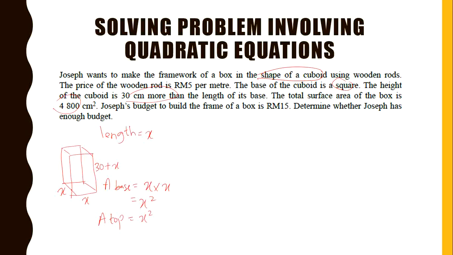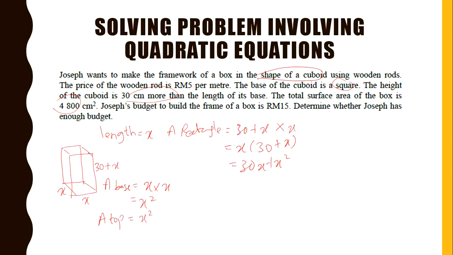Lepas tu kita cari area of rectangle ni. Cari satu, lepas tu kita darab 4, dapatlah keempat-empatnya. So area rectangle dia is 30 plus x times x. Length times width kan? Cantik x duduk depan. Kita letak depan, lepas tu kita expand. It will be 30x plus x square.